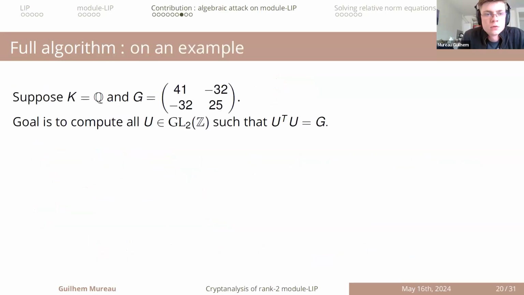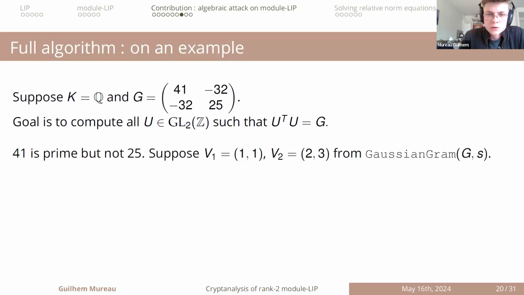Okay, so let me do a little example on Z. Of course this is quite trivial, and we could do it by hand, but just to make sure that you get how the algorithm works. We consider this Gram matrix, and we want to compute all invertible matrices with integer coefficients which have this Gram matrix.